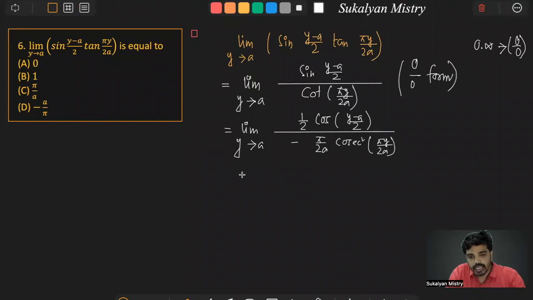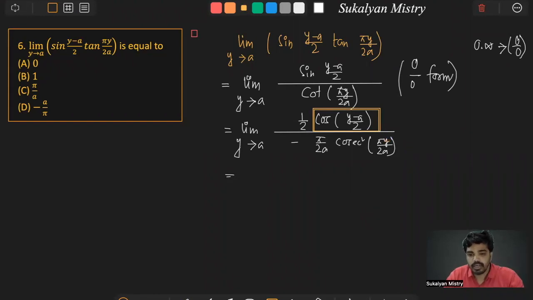Now when y tends to a and we apply the limit, cos 0 is 1, so this will be 1. Putting y equal to a, a cancels out, cos pi by 2 is 1 in the cosec term, so cosec square pi by 2 is also 1.